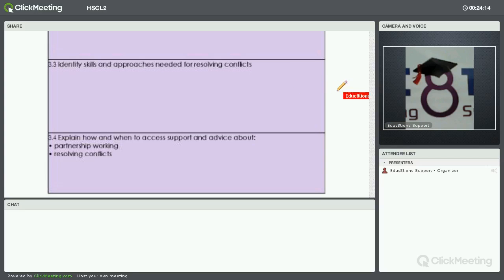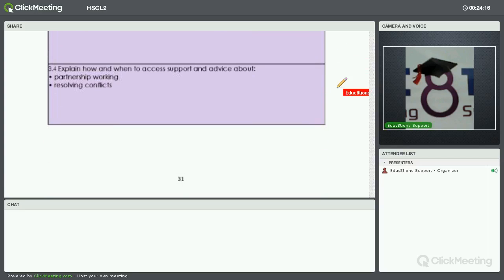So skills and approaches. 3.4, explain how and when to access support and advice about partnership working and resolving conflict. So two-part answer again. How and when do you access support and advice?